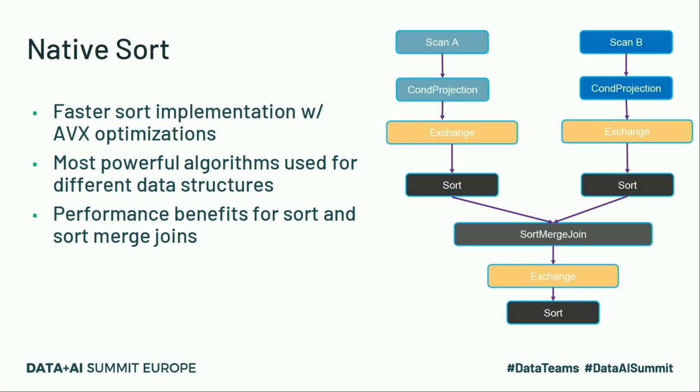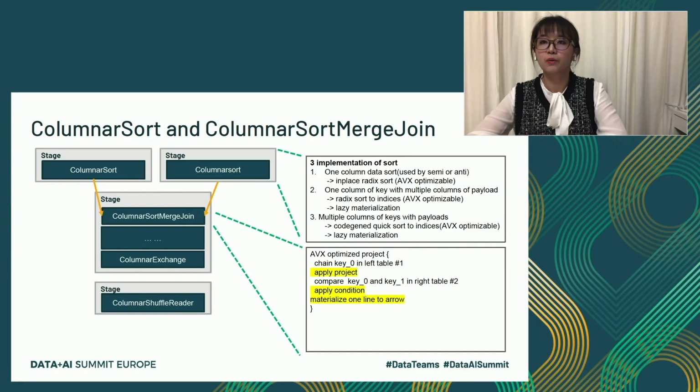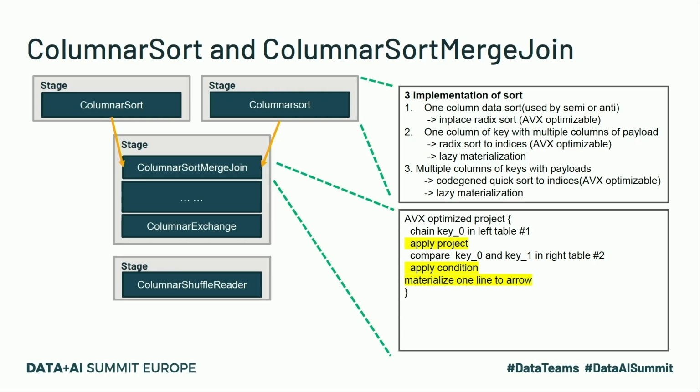Let's now talk about sort and sort merge join. In most TPCH and TPCDS cases, sort is used for sort merge join, so our implementation of sort is also optimized for the sort merge join case. There are three types of implementation of sort.